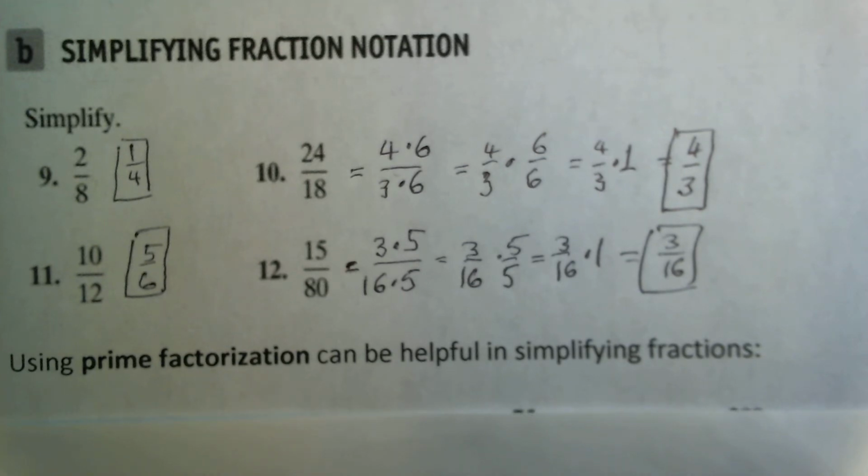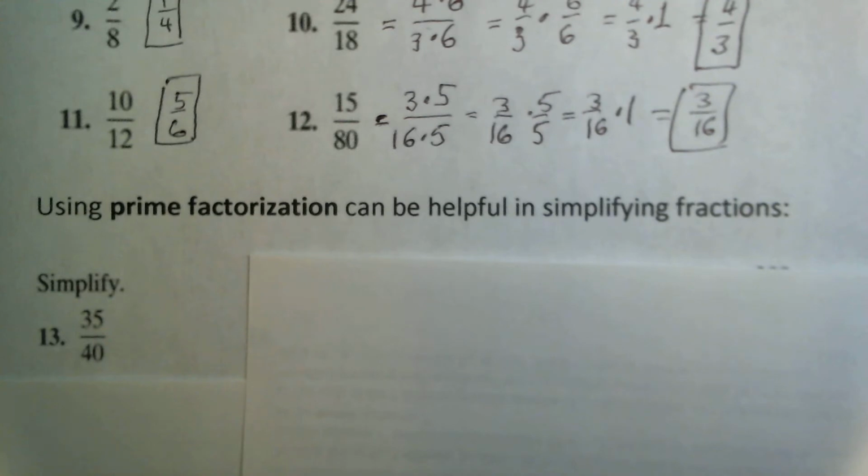And using prime factorization can also be helpful in simplifying fractions. Let's look at some examples. So number 13, with the prime factorization of 35 divided by 40, the prime factorization of 35 is simply 5 times 7. And the denominator, 40, we have as 2 times 2 times 2 times 5.